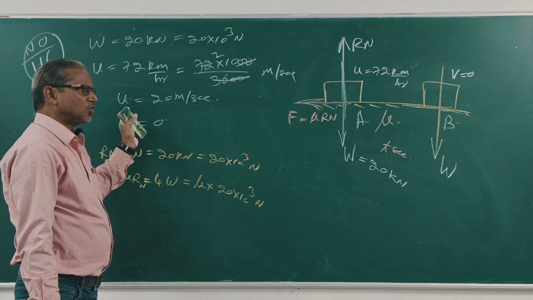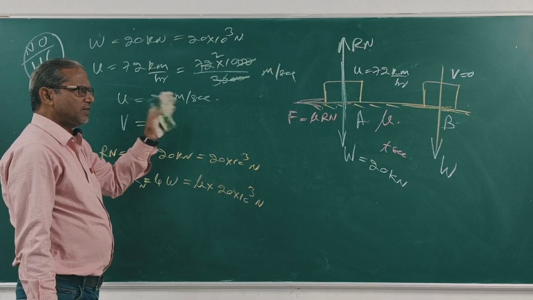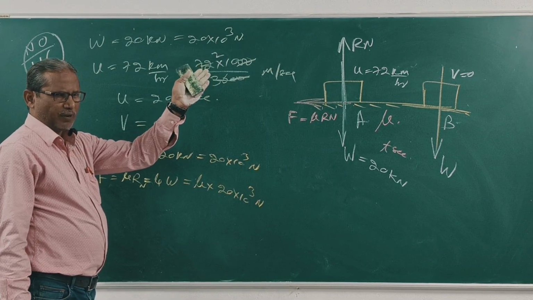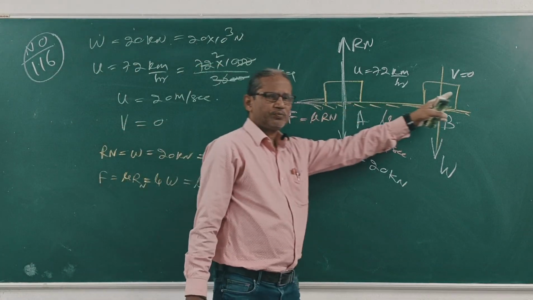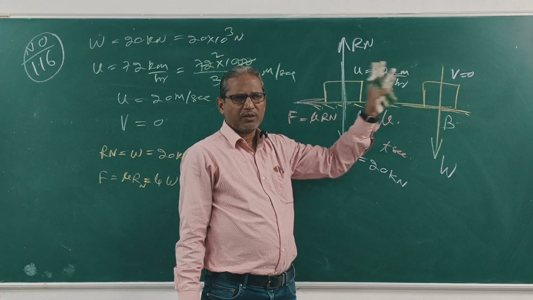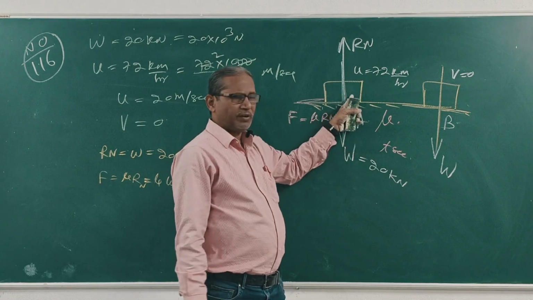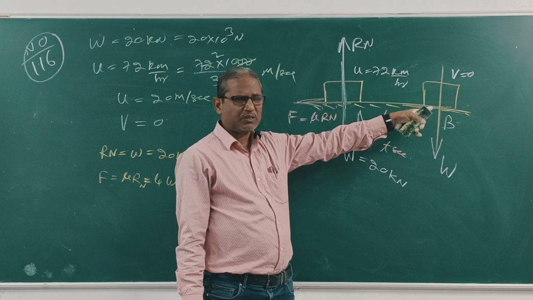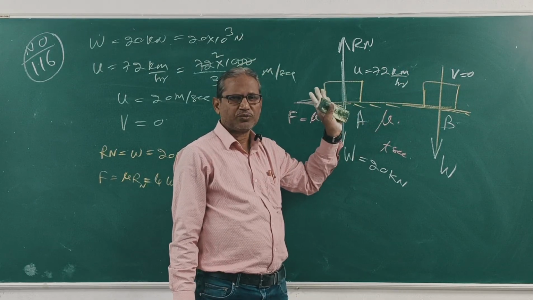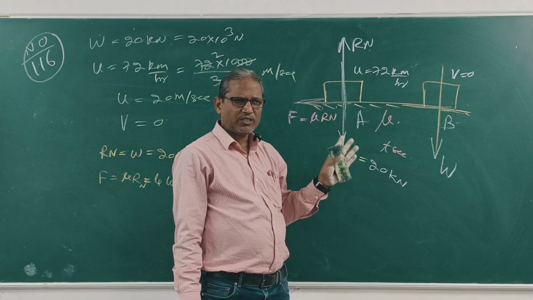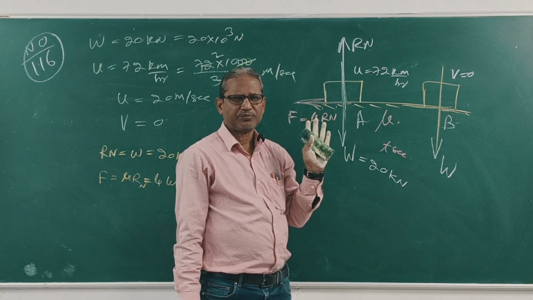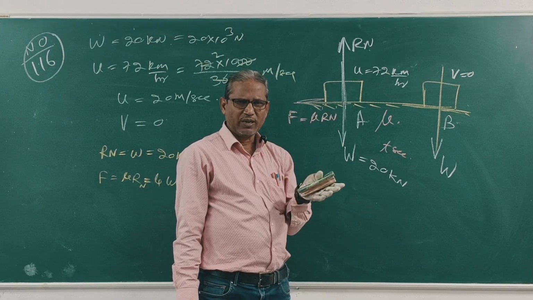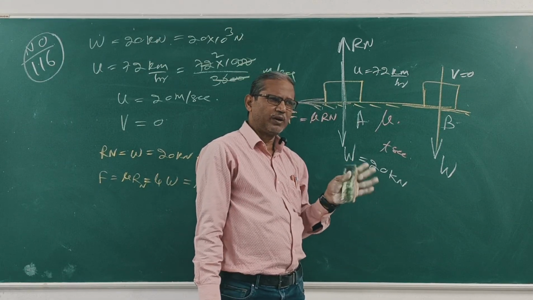So initially the vehicle is at 72 km per hour. After applying brakes, the vehicle comes to stop, that means V is equal to 0. So what is the time taken to reach from A to B? Clear? So mu is different for concrete and for ice, a different value.